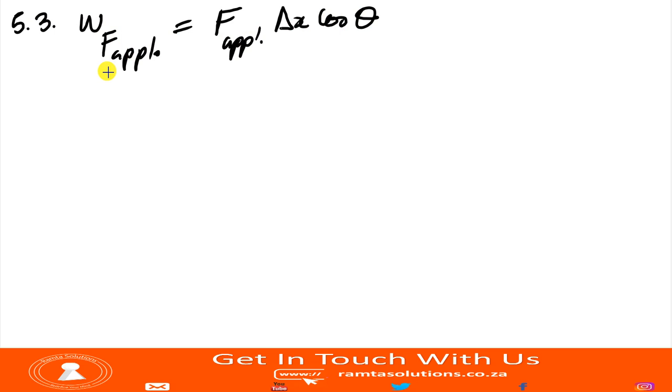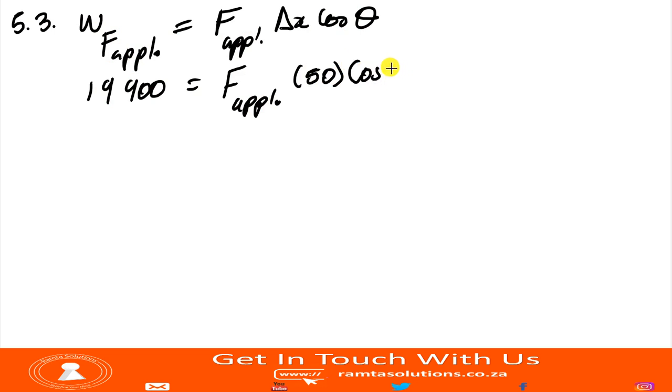So work done by the applied force was 19,900. What is the force? The force we do not know. It is what we are looking for. The distance, I remember, was 50. Now, this is going in the same direction as the displacement, so it will be 0 degrees. So this is 19,900 equals 50.